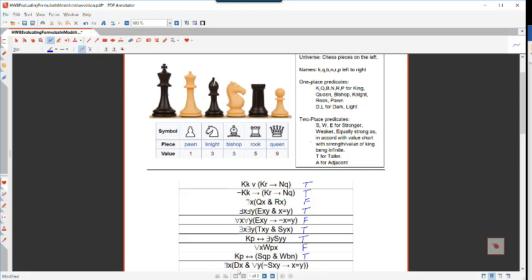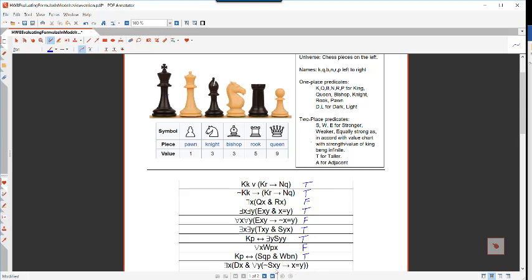Okay, so there exists an x such that x is dark, and then for all y, if it's not the case that x is stronger than y, remember, get yourself to say these things. So if it's not the case for everything in the universe, if it's not the case that x is stronger than y, then x is identical to y.